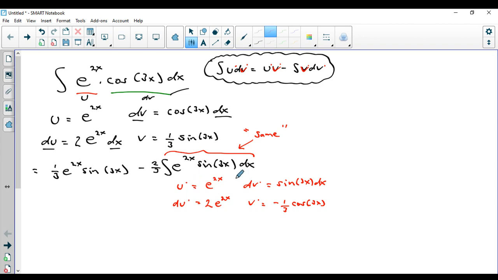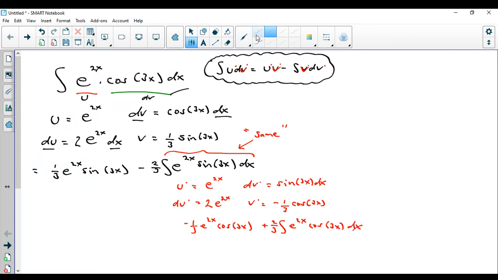So here we go. u times v is going to be negative 1/3 e to the 2x cosine of 3x. That's my u times v, minus the integral of v du. So I can pull out the negative 1/3 and the 2, so that would be plus 2/3 times the integral of e to the 2x cosine 3x dx.